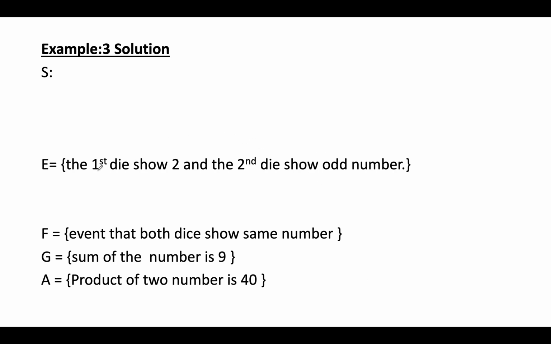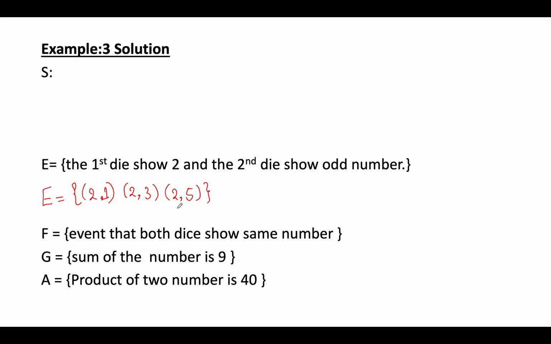Now, what is the possibility of getting the first die showing 2 and the second die showing an odd number? So here E is equal to the first die 2 and the second die an odd number. So it might be 2, 1, 2, 3, or 2, 5.